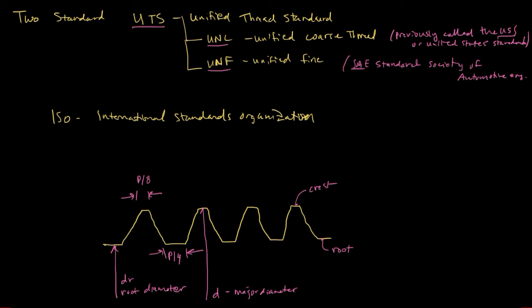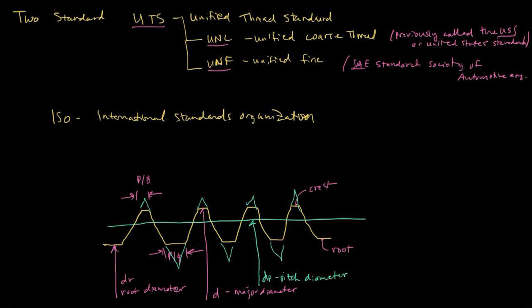Now, to find the pitch diameter, we imagine that there's a perfect triangular thread, and this perfect triangular thread, if we were to bisect it, then this diameter here is the pitch diameter, d sub p. That is our pitch diameter. Okay.